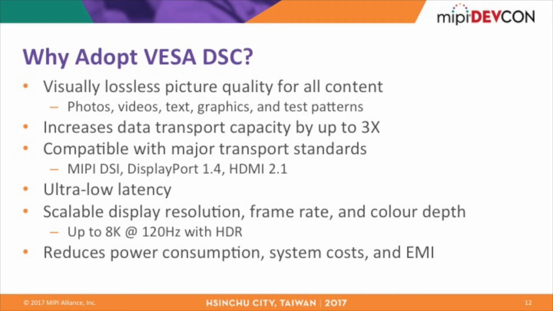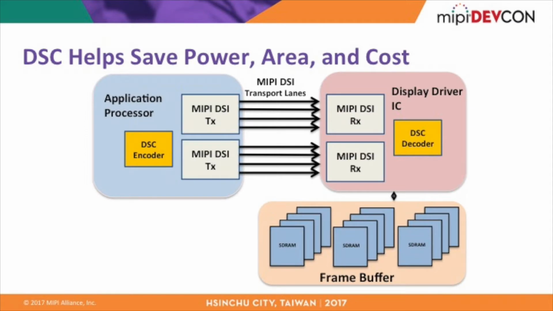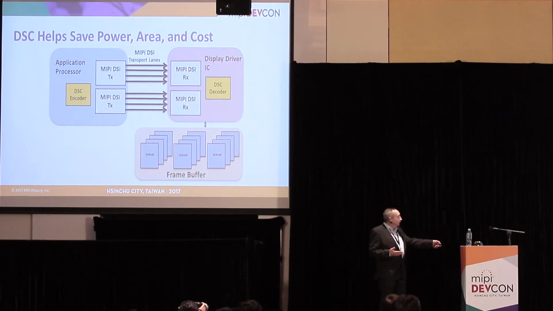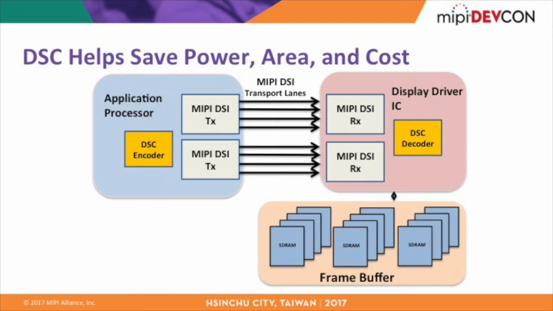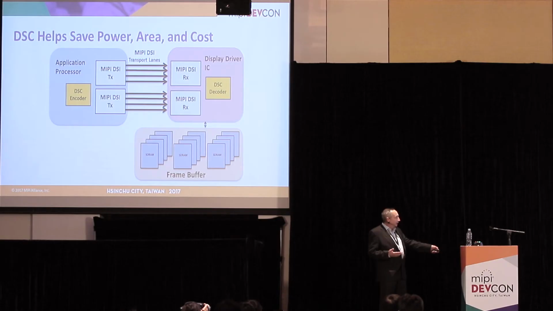But why adopt DSC? One reason is the benefit of the extra compression, but there are others. I'll illustrate this using this diagram that shows a subset of a mobile phone. You have the application processor that transfers video pictures over MIPI DSI to the display driver IC that has a frame buffer on it.